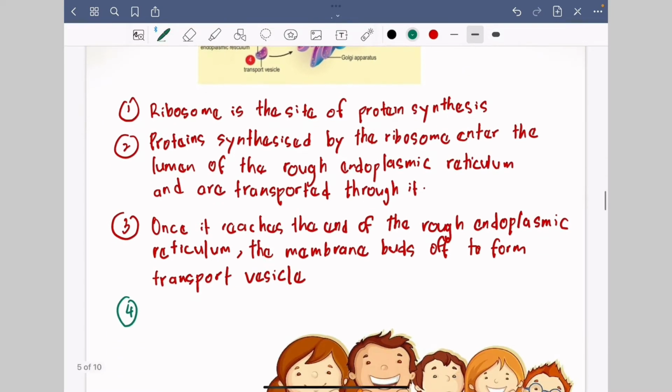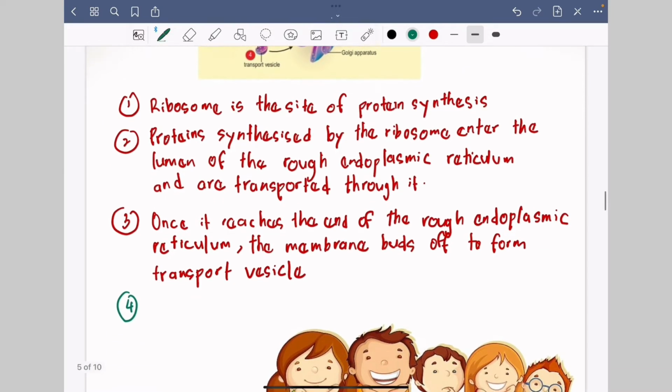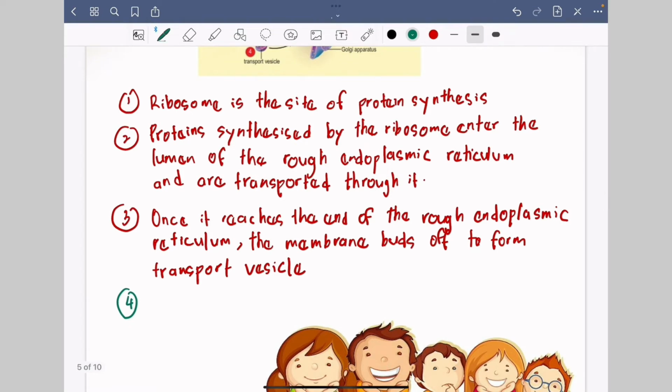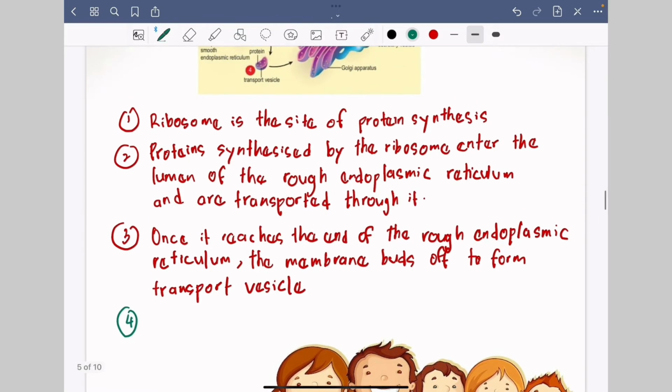Okay, the fourth point, the protein that has been transported into the transport vesicle goes to the Golgi apparatus.